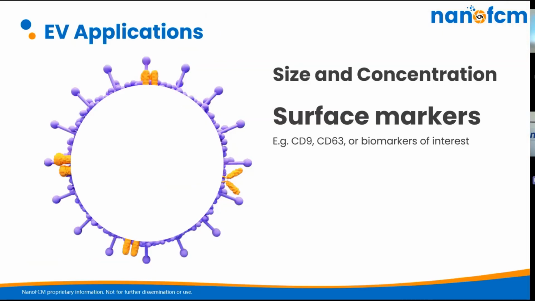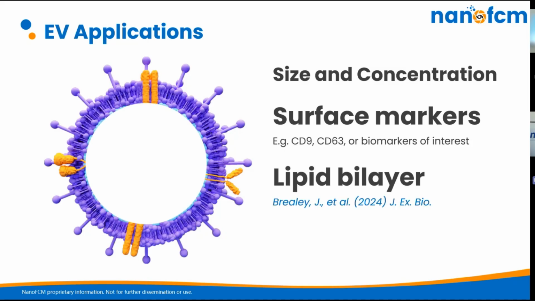So the benefit of the instrument is we can look at size and concentration completely unlabeled. So if you don't wish to label your particles for any reason, we can still give you full size, concentration, and size distribution. However, with the addition of labels, we can then look at surface markers, whether that's tetraspanins or other interesting biomarkers that are relevant to your work.